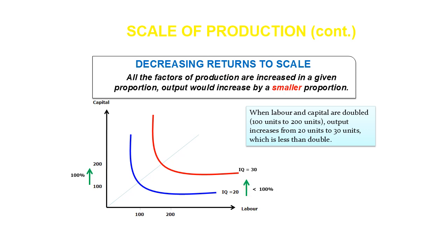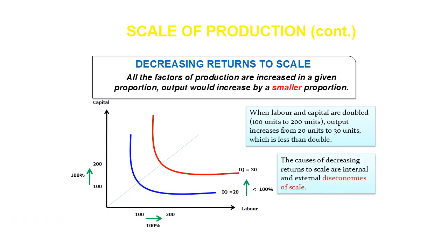That is, diseconomies are more, economies are less, and therefore we get decreasing returns to scale. Now, when the firm expands too much, there will be problems, managerial problems, labor problems, there will be financial mismanagement, and so on. So diseconomies are more, economies are less, and what we get is the decreasing returns to scale.